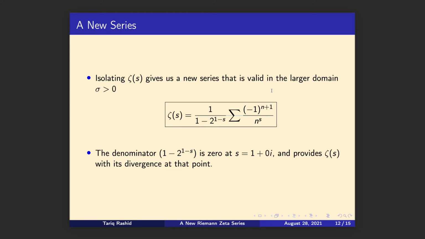Now the interesting thing here is that the right hand side eta is valid over sigma more than 0, because that's where this is valid. So in some sense we've expressed this function in another series which has a larger domain of convergence.